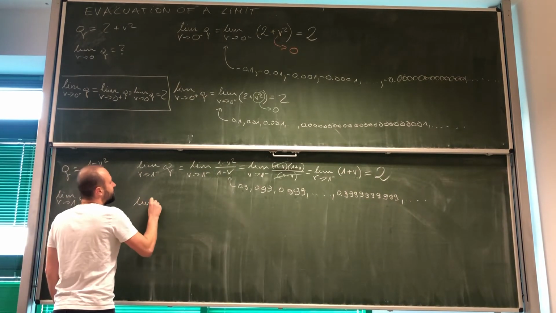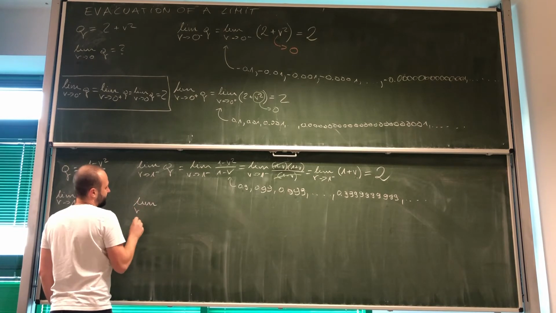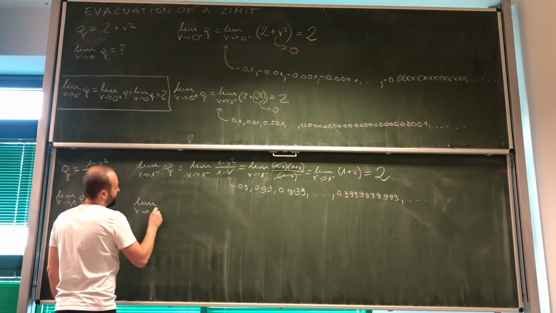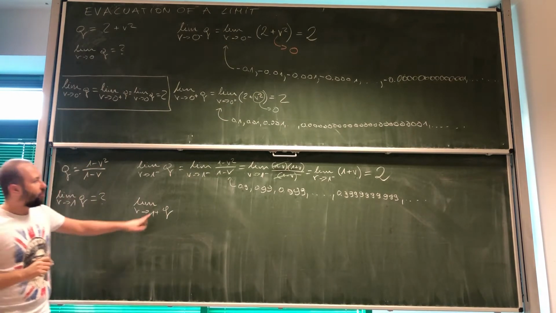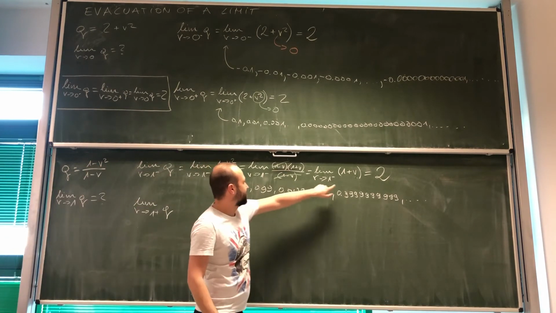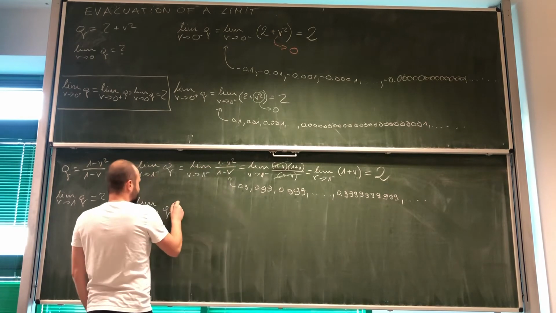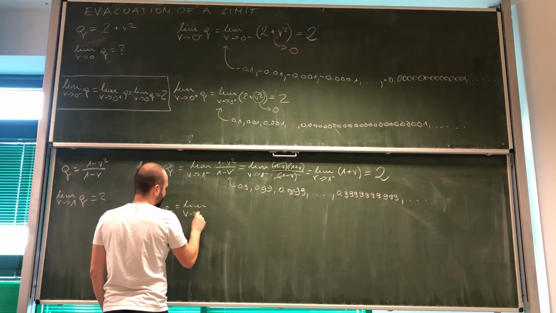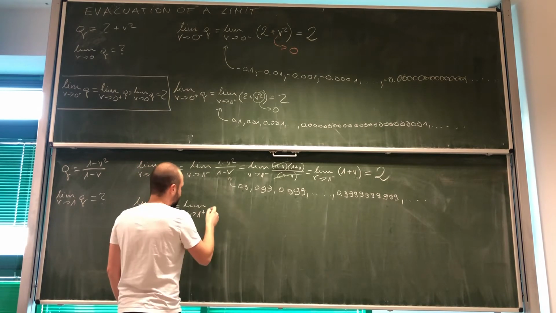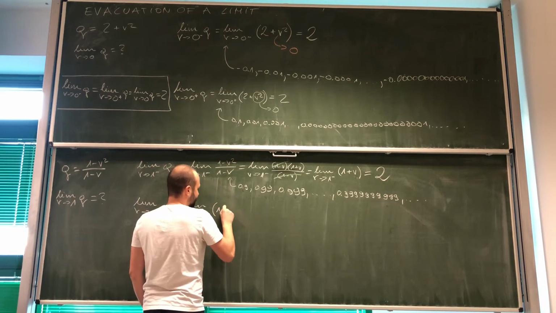Well, with the knowledge we already have, I can already rewrite this expression in this form, right? So we will have that this is a limit with v approaching 1 from the right hand side out of 1 plus v.